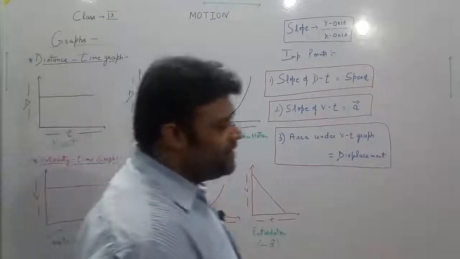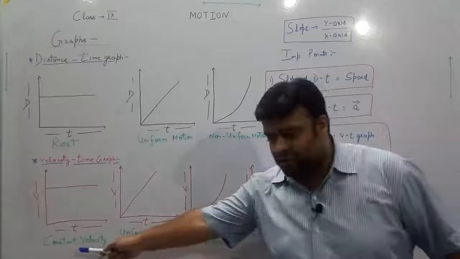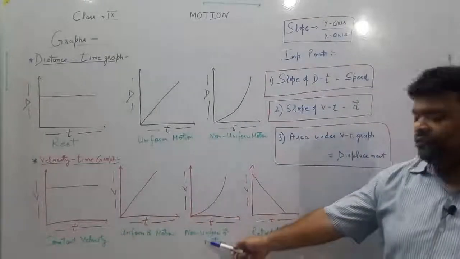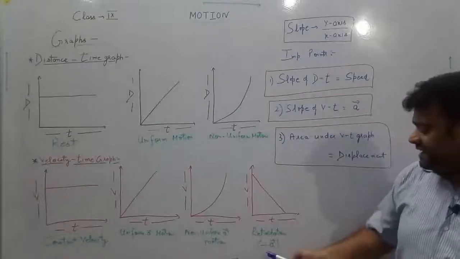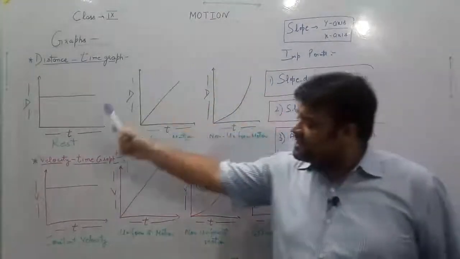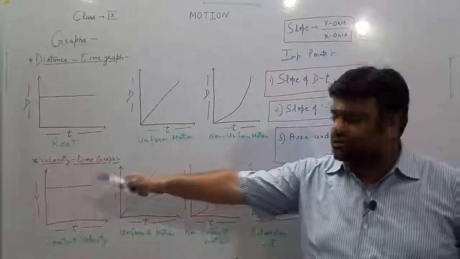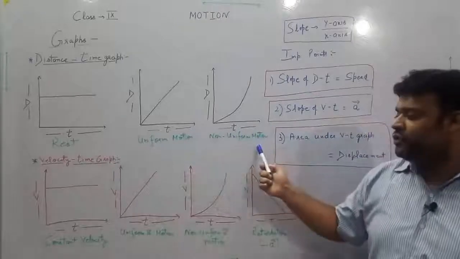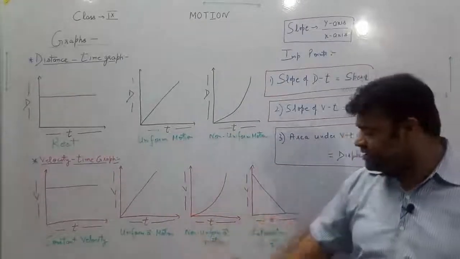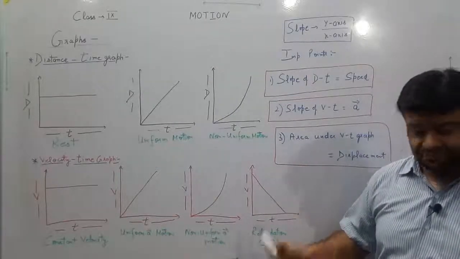So there are four important conditions in the velocity time graph: constant velocity, uniformly accelerated motion, non-uniformly accelerated motion and retardation. So questions can be asked directly to show these conditions of rest, uniform motion, non-uniform motion, constant velocity, uniformly accelerated motion, non-uniformly accelerated motion and retardation.